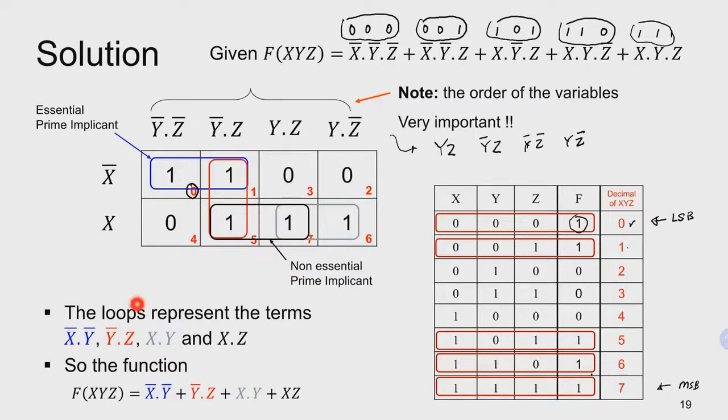The prime implicants of all the loops, I have listed them all here. So the blue one will have x bar y, means that x bar and y bar remain the same in this loop.